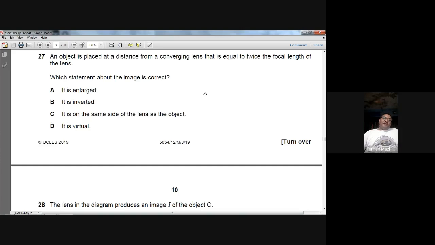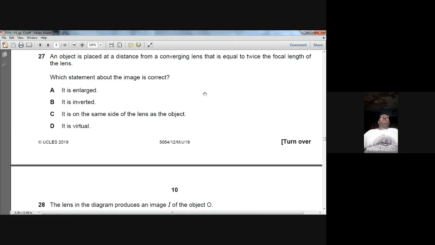When you put an object on 2f, the image is also formed on 2f. The size of the image and object is same. The image formed is real. The image formed is inverted.